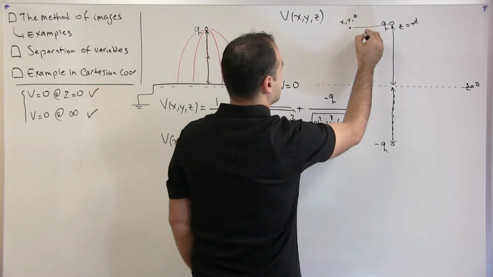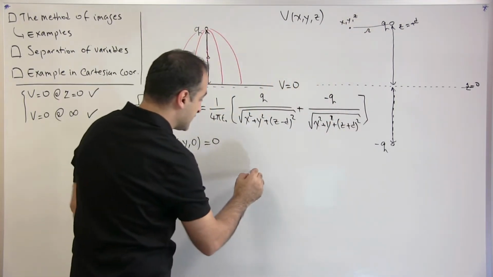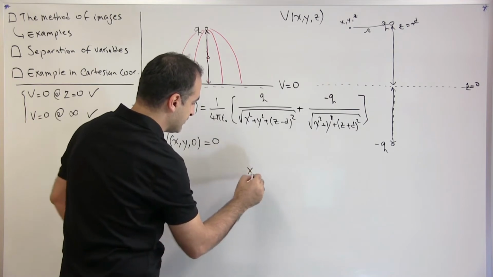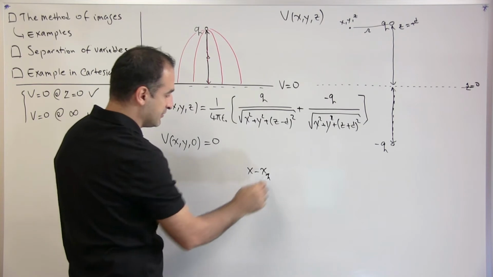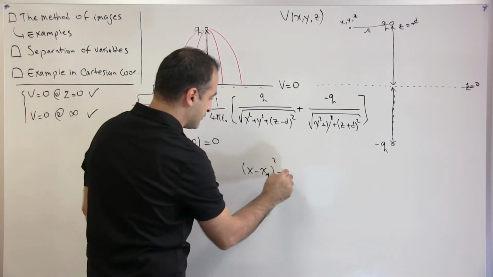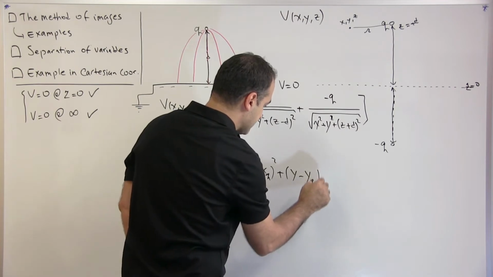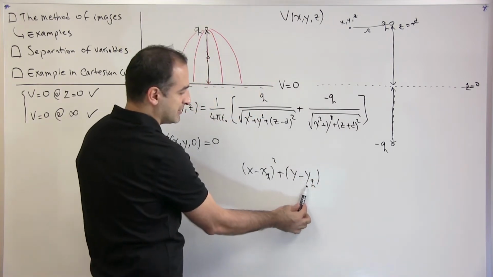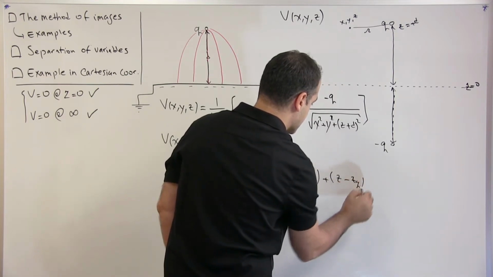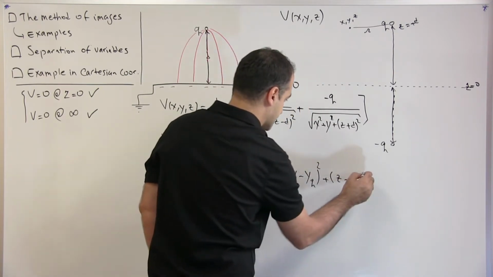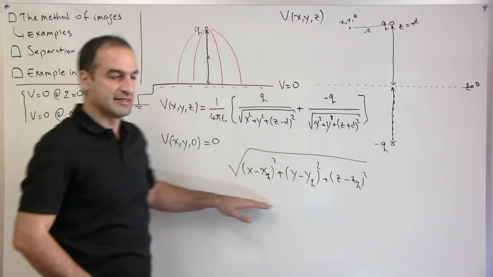That's technically the separation distance. To write it in a complete way, you say X minus XQ, where the charge Q is sitting, to the power of 2, plus Y minus YQ, where the charge is sitting, plus Z minus ZQ, where the charge is sitting. This is a very general form to find the distance.